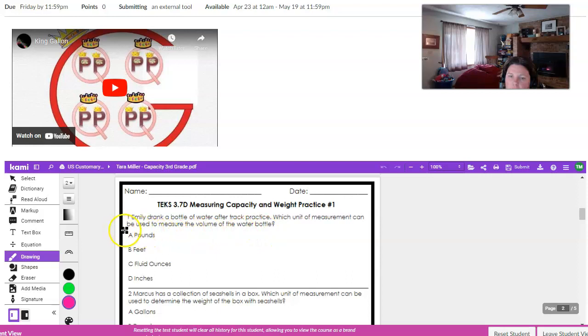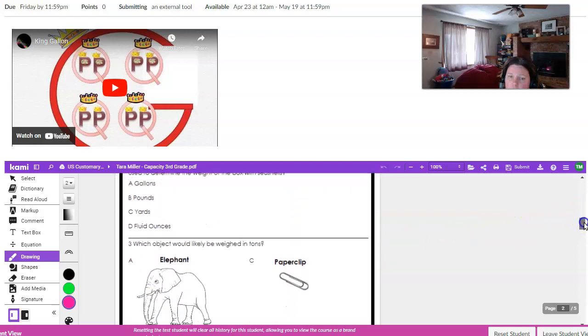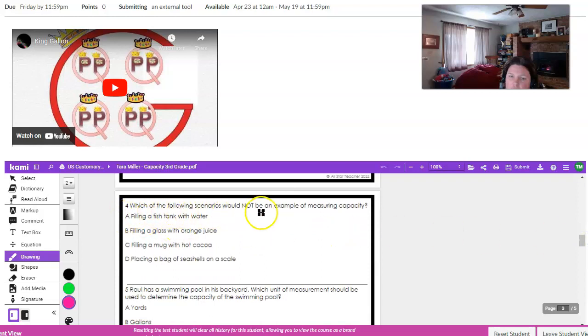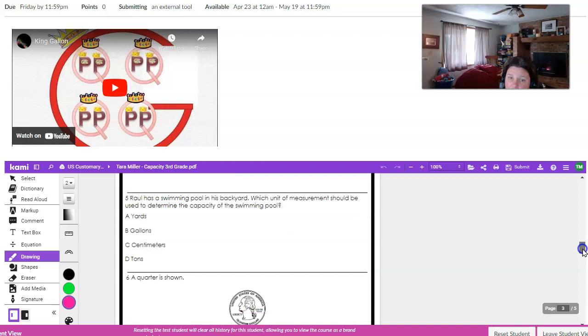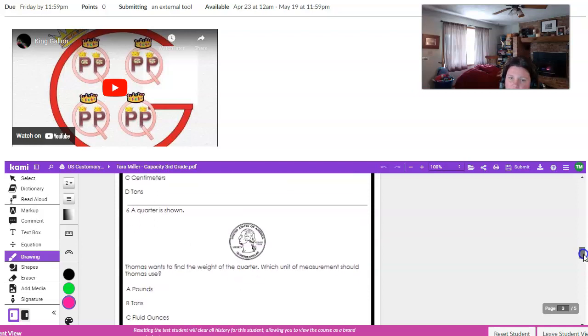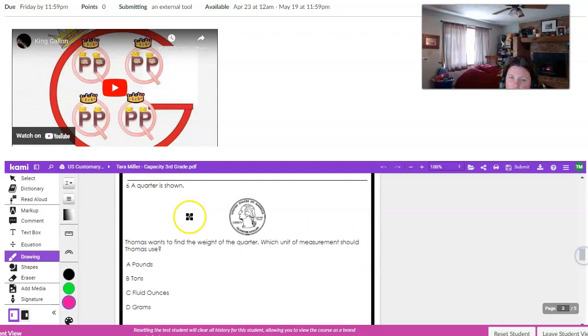Which unit of measurement can be used to measure the volume of a water bottle? Would you use pounds, feet, fluid ounces, or inches? So there are several pages of questions involving measuring capacity, which is how much fits inside an object.